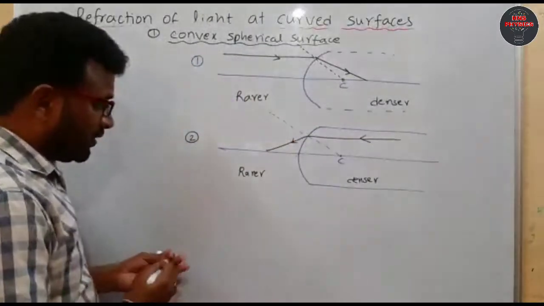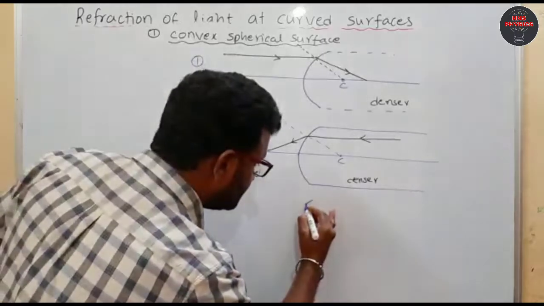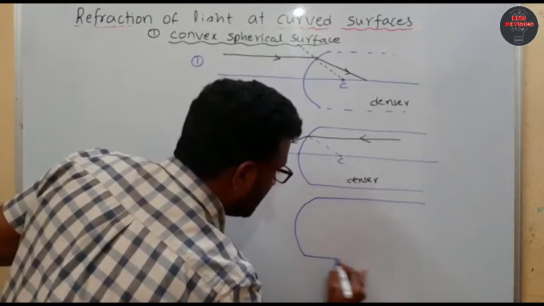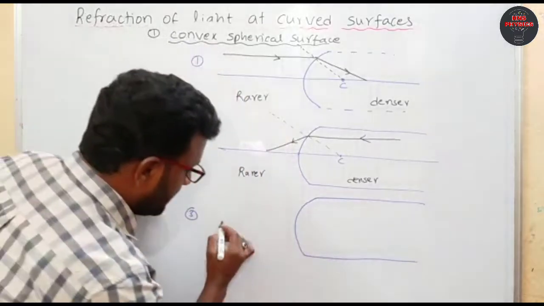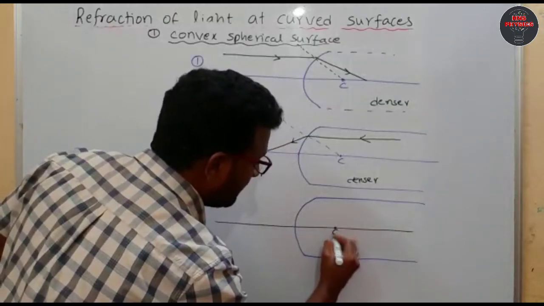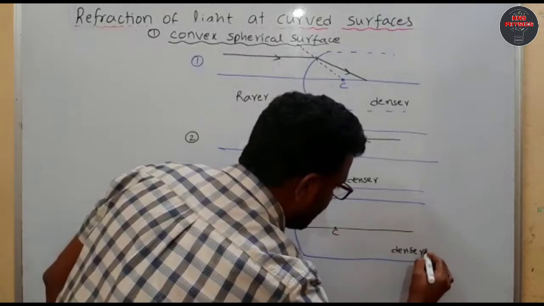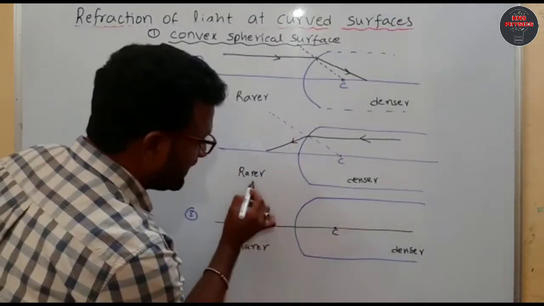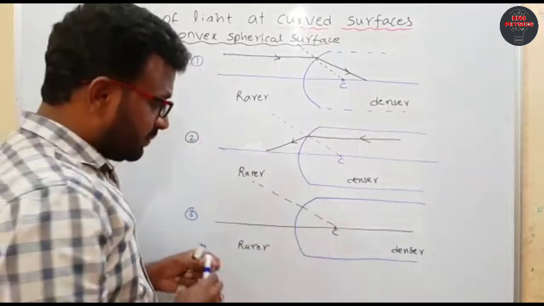Next, come to the third rule. So this is the convex surface. So the principal axis, the center C, the denser medium and the rarer medium. So I can draw the center of curvature, the normal line.